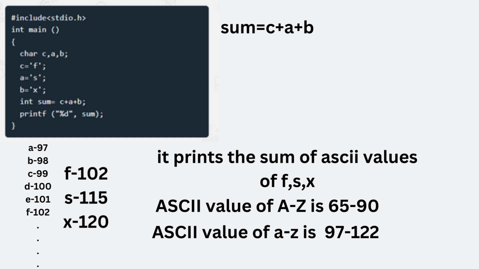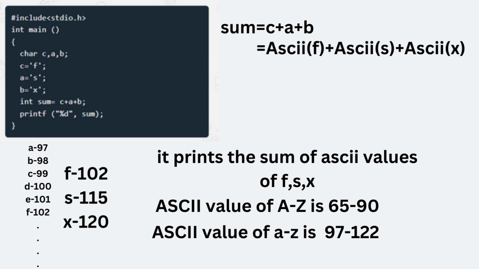We need to substitute these in sum equals to c plus a plus b. In place of c, we need to substitute the ASCII value of f. In the same way, we need to substitute the ASCII value of s in place of a and ASCII value of x in place of b.